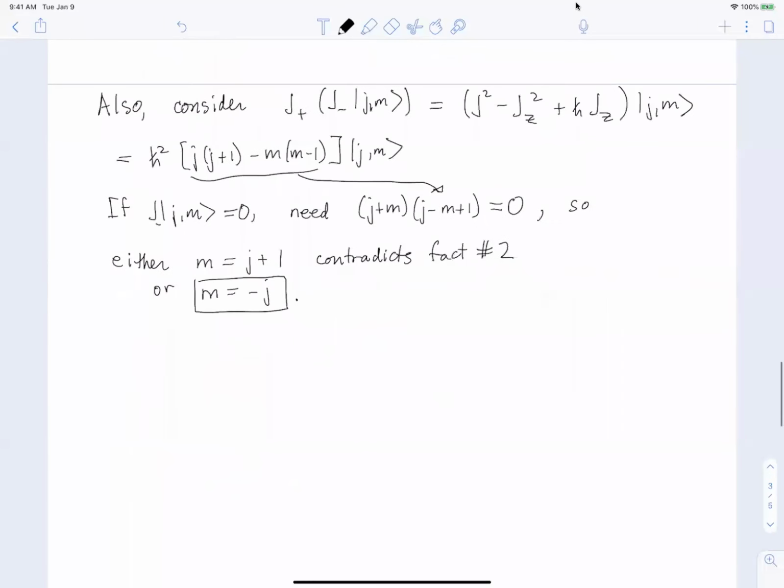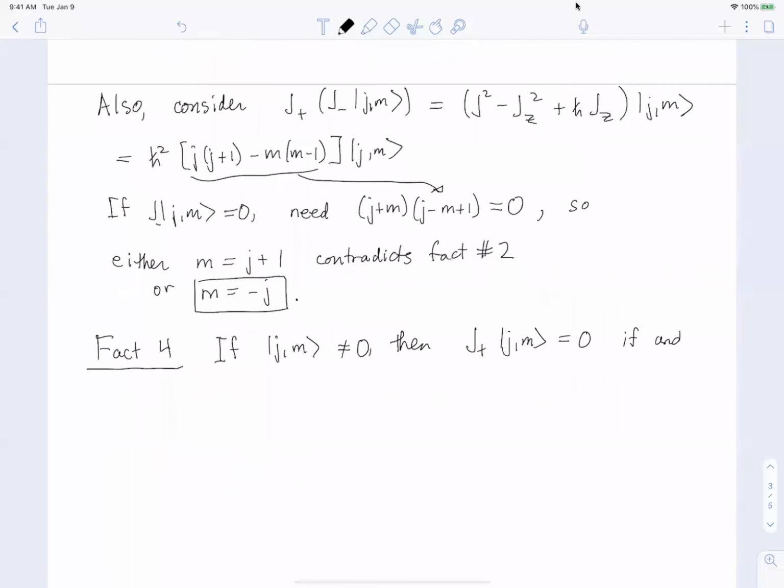That was fact 3. Fact 4 is going to be almost the same. Fact 4 says, if, again, we have a non-null eigenket, then j plus acting on it is null if and only if m is equal to plus j.